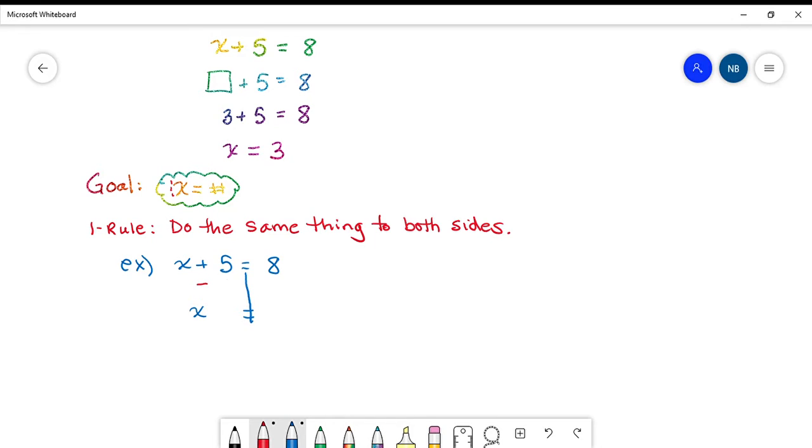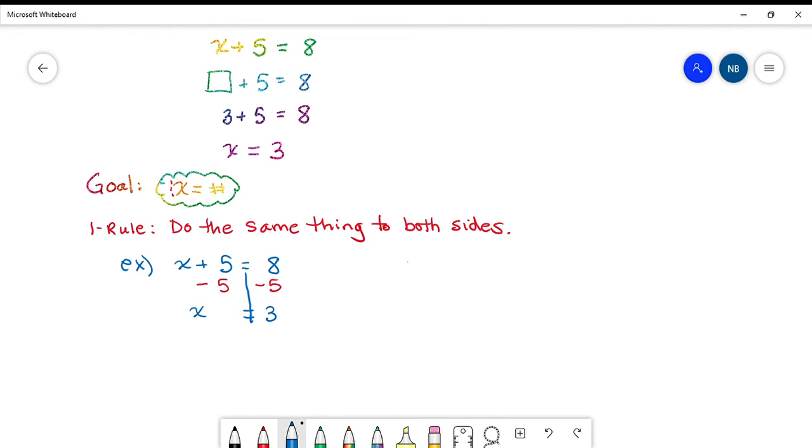What if we subtract it? Now, if I subtract 5 on the left, 5 minus 5 is 0. If you have 5 paper clips and you take away 5 paper clips, you have no paper clips. Now, the rule says do the same thing to both sides, and we can see that x is equal to 3, which was the solution we figured out just using common sense and inspection. Okay, one rule. Do the same thing to both sides.